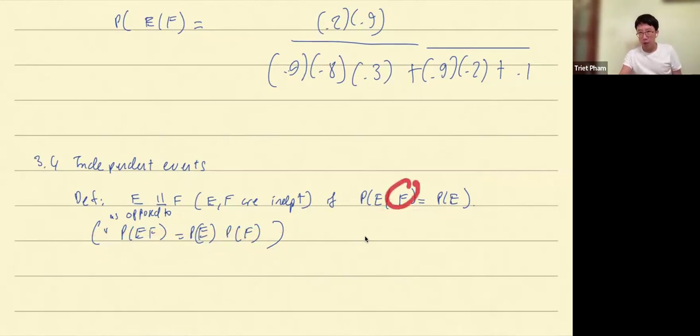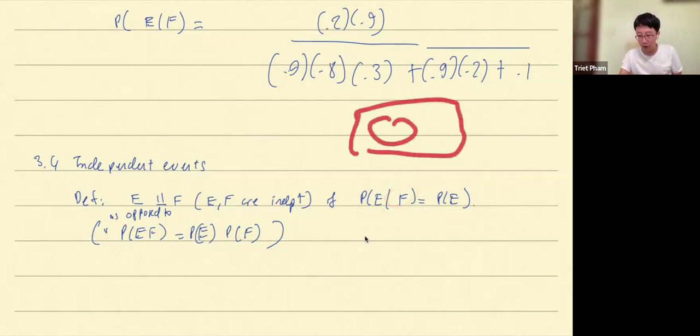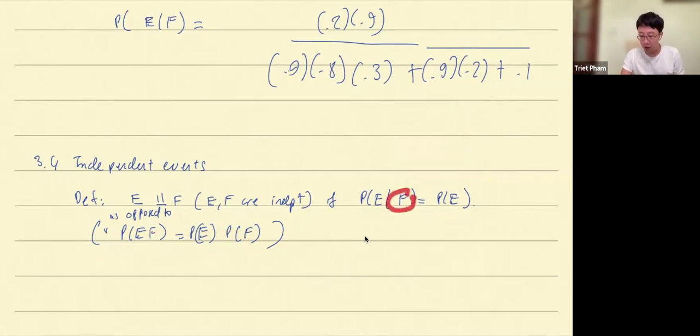Remember, conditioning means the relative weight of E, given that you know F has happened. And I have shown you, or I have tried to show you, or you have seen some problem where conditioning on F changes the probability of E. Just think of the example of rolling 2 dice.